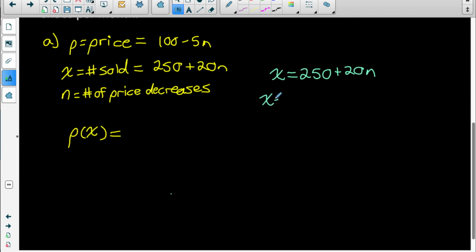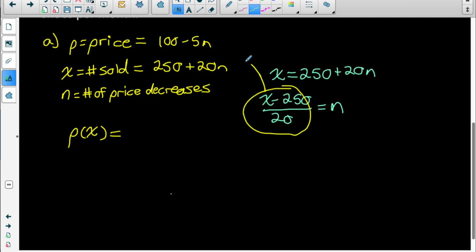So I've got x minus 250 divided by 20 equals n. And I can take this expression for n and replace that n in the equation with it. Then I have the price function written in terms of only x. So price equals 100 minus 5 times x minus 250 over 20. So there's a price function written in terms of numbers sold.